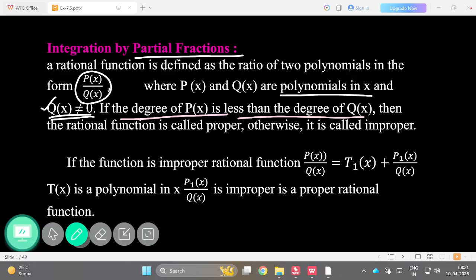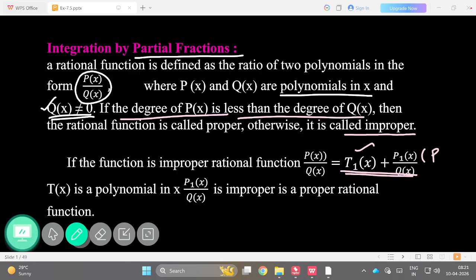Okay, and then it is called a proper fraction, as you know very well; otherwise it becomes an improper fraction. When you get an improper fraction, you have to apply the synthetic division method. After that you get some quotient plus the remainder divided by q(x).